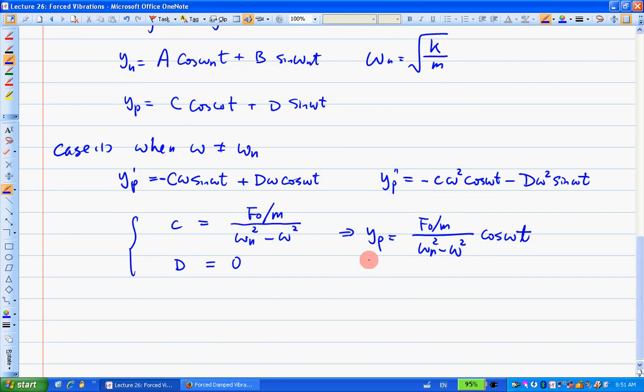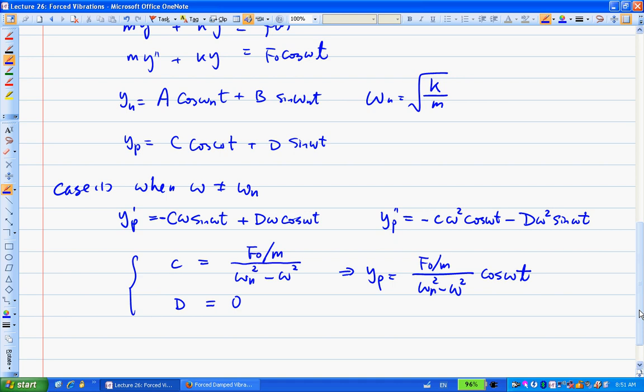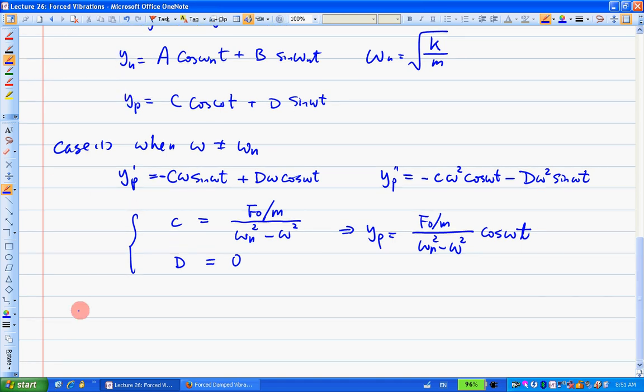Okay, so here's YP, and my general solution will be YP plus YH. So the general solution is Y equal to YH plus YP. YH is A cos omega n t plus B sine omega n t, right? Technically speaking, if you remember, I can combine two sinusoidal signals with the same frequency together.